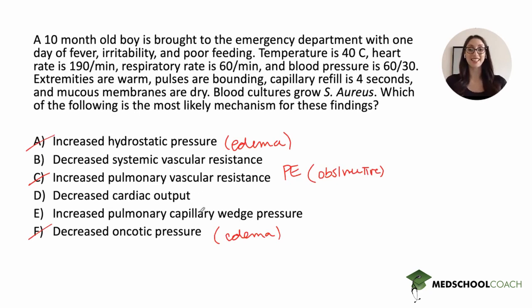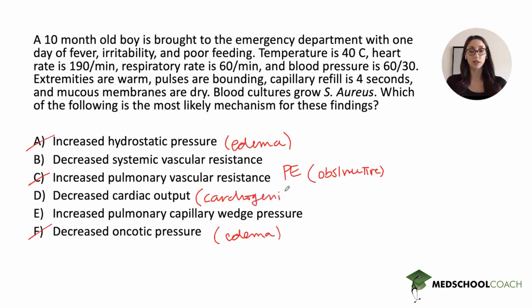So remember that in septic shock, we actually get increased cardiac output, which is a compensatory response for the low mean arterial pressure, the poor pressure, and the poor tissue perfusion. So the heart tries to compensate by increasing cardiac output. However, in cardiogenic shock, because this is a primary disturbance, it's actually going to be decreased. So this is relevant for a different type of shock, cardiogenic. It's not relevant here. It would be the opposite.